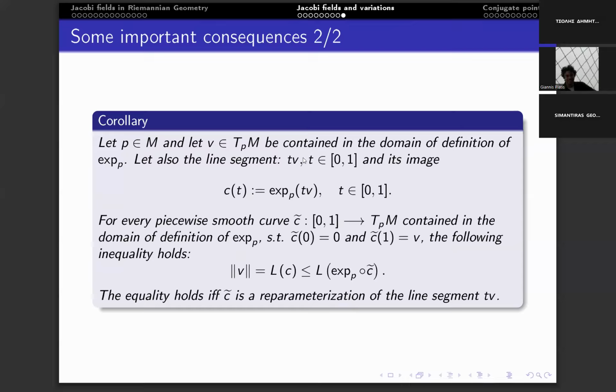We have a line segment of this form and its image using the exponential map over P. And for every piecewise smooth curve contained in the domain of definition of the exponential map, such that it satisfies this condition, the following inequality holds, and that connects the length of this curve here and the length of the image of this curve using the exponential map, and the equality holds if the curve tilde c is a reparametrization of our starting line segment.